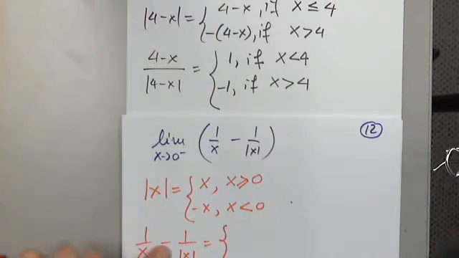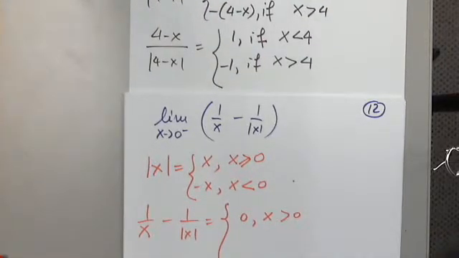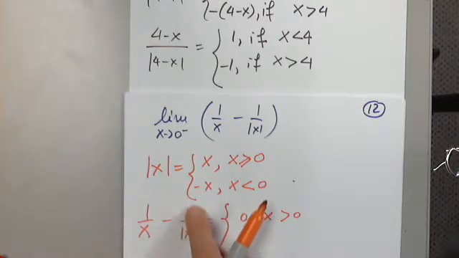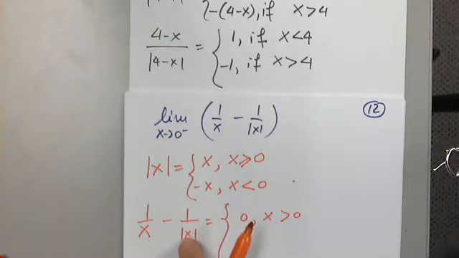1 over x minus 1 over x. Good. How much is 1 over x minus 1 over x? Because I replaced the absolute value. So what is it? Awesome. 0, for x greater than 0. Very carefully now. Awesome. Well done. What is the other option? Careful. 1 over x minus 1 over negative x, but there is minus and minus.